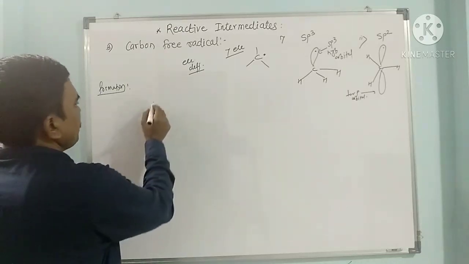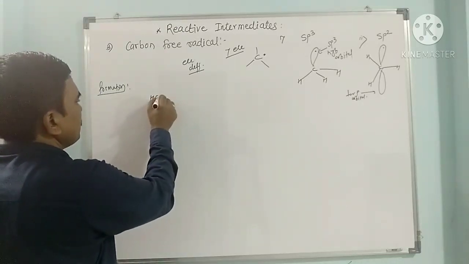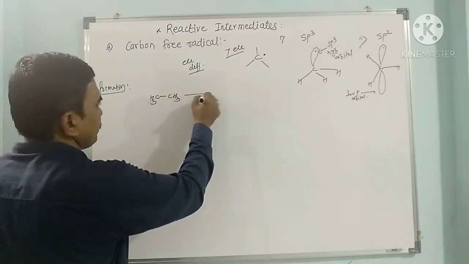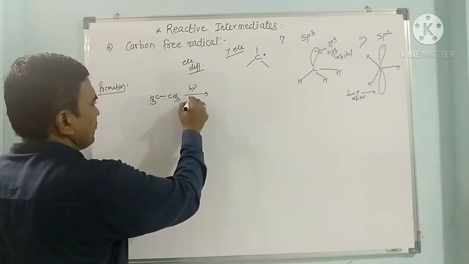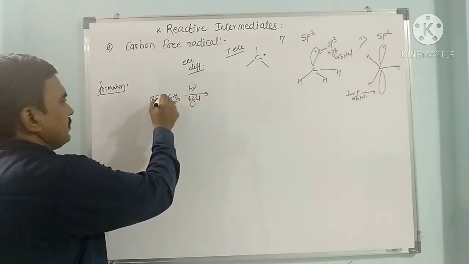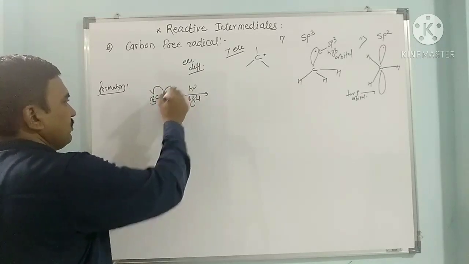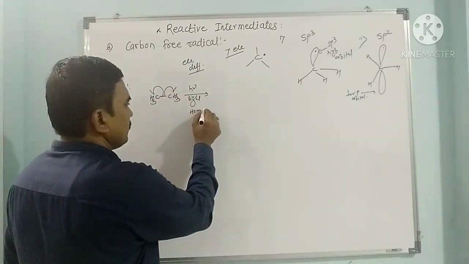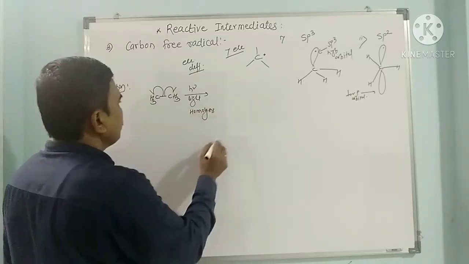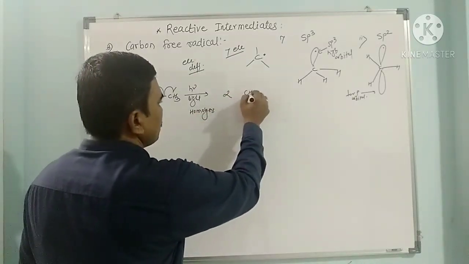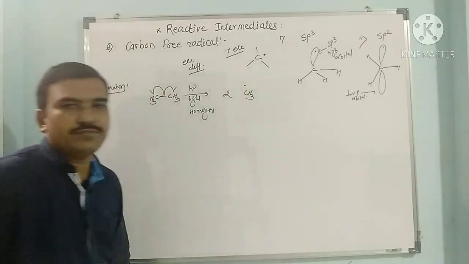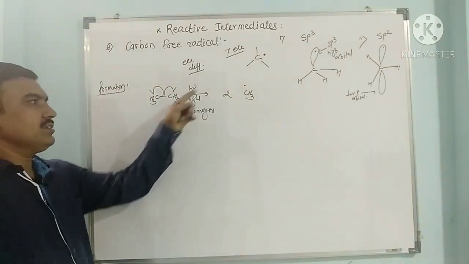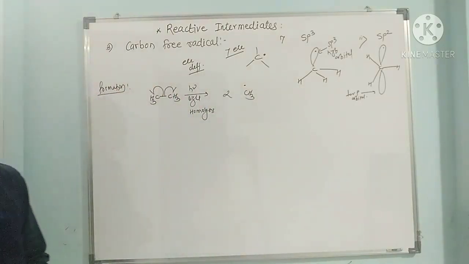So when we have CH3-CH3 with light irradiation, this bond breaks homolytically. This is called homolysis. We get two CH3 radicals, so the methyl radical is obtained.